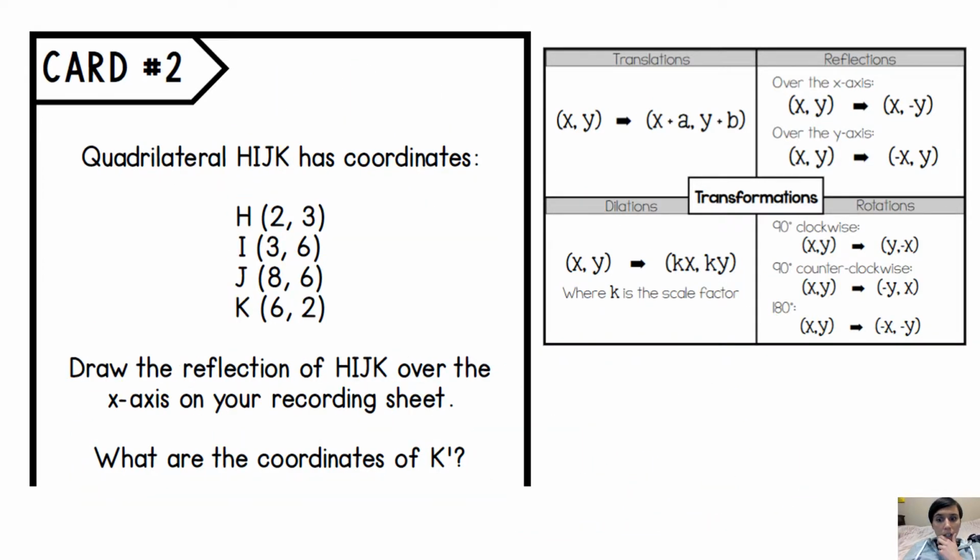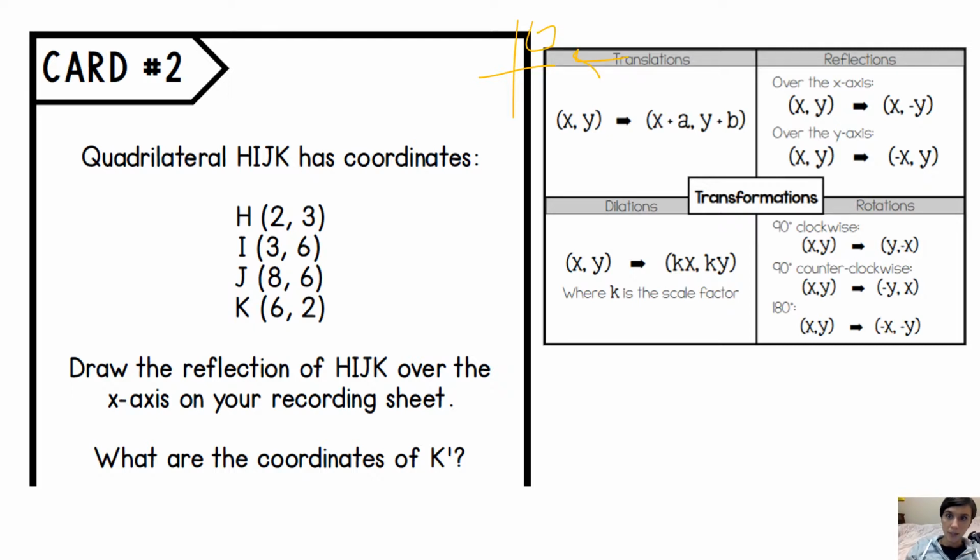Next, it says quadrilateral HIJK has these coordinates. Draw the reflection over the x-axis on your recording sheet. So if you're doing this, it would be just flipped over the x. These are all positive, so it would be up here.